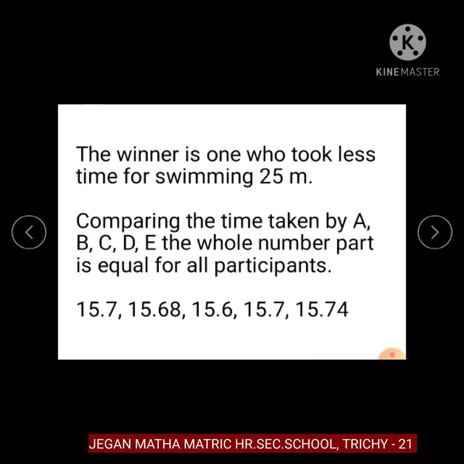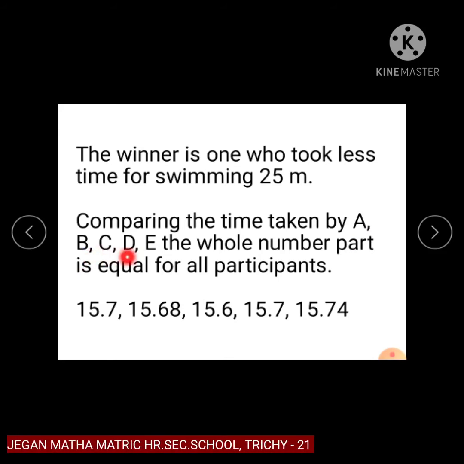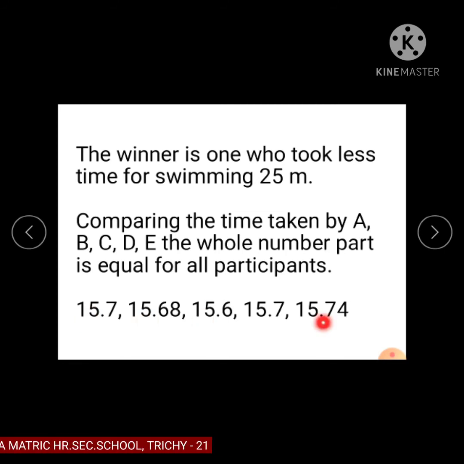Identify the winner. The winner is the one who took less time for swimming 25 meters. Now we compare the time taken by A, B, C, D and E. The whole number part is equal for all the participants. 15 equal to 15 equal to 15.